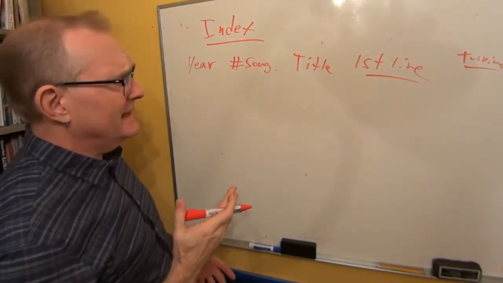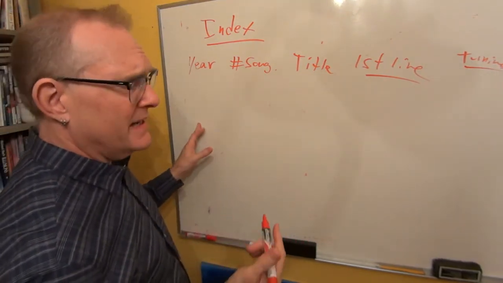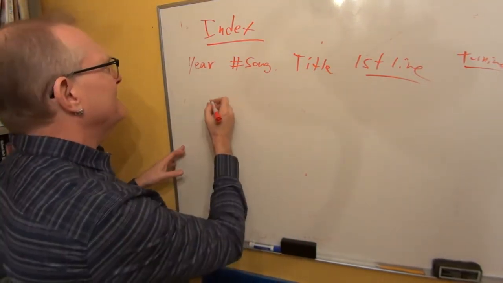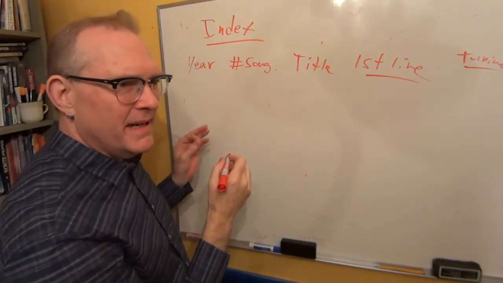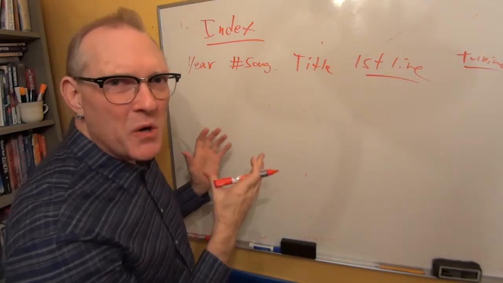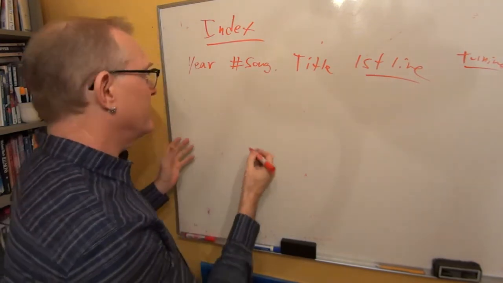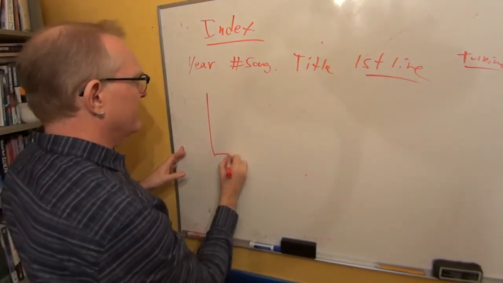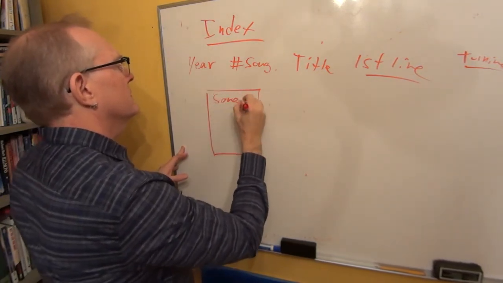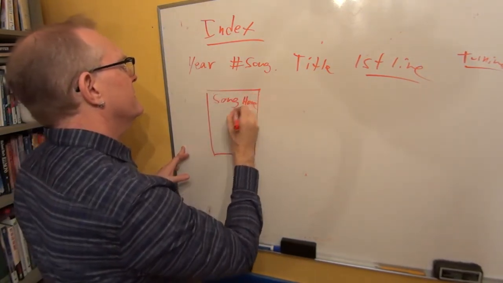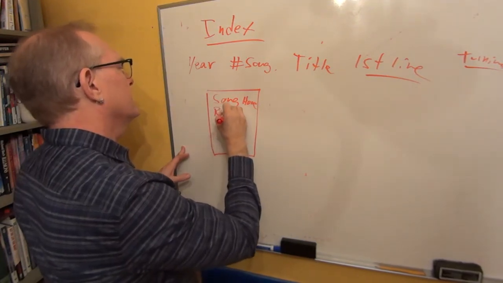So what's happening though is that there's the index, and then it occurs to me that each song needs its own home page because there's various versions. So I'm creating a song home page. So let's say Rain.